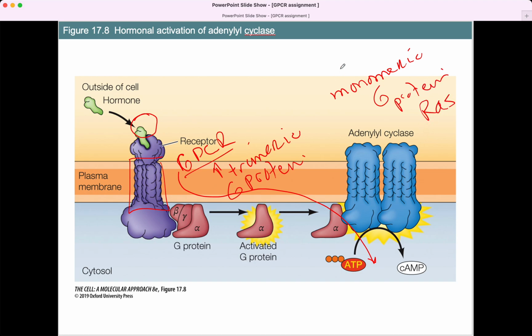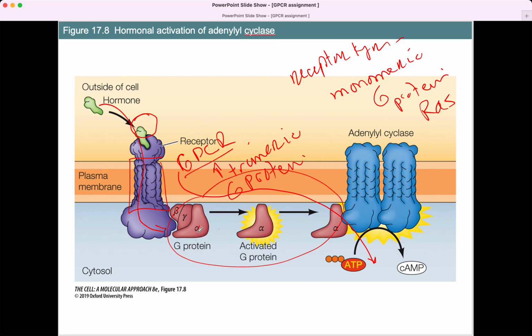RAS is involved in a different kind of receptor signaling pathway, right? That's the receptor tyrosine kinase pathway. So this is the G protein coupled receptor, and there's the G protein that's coupled with the receptor. All G protein coupled receptors start with this. They have a trimeric G protein with 3 subunits, and they each play a role.